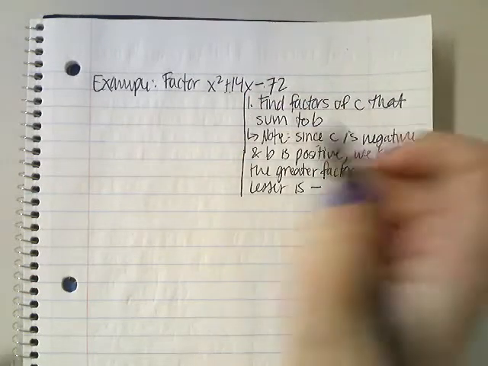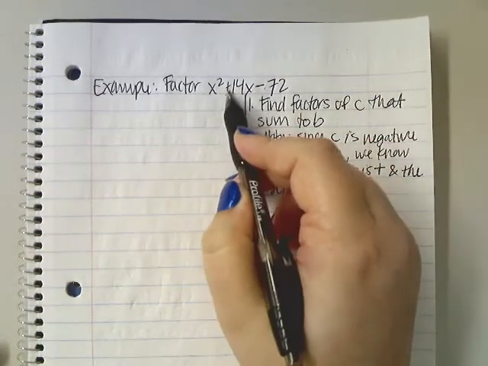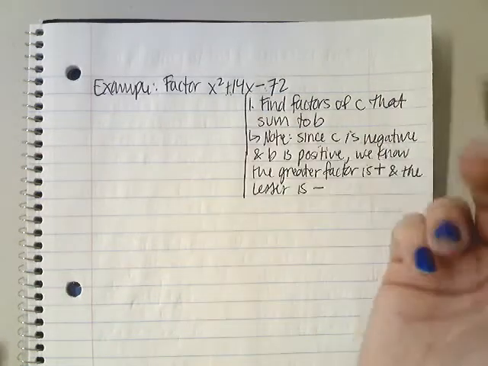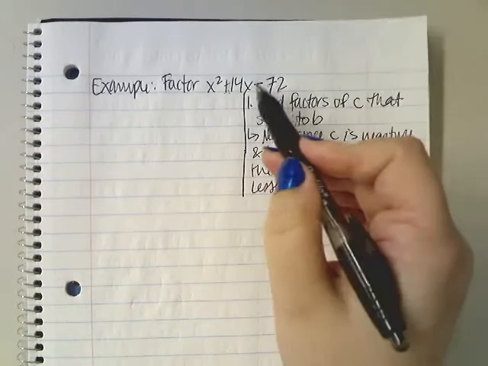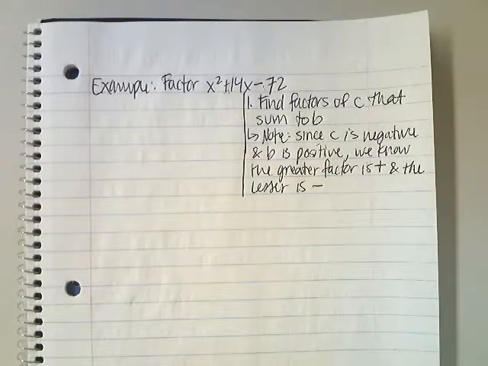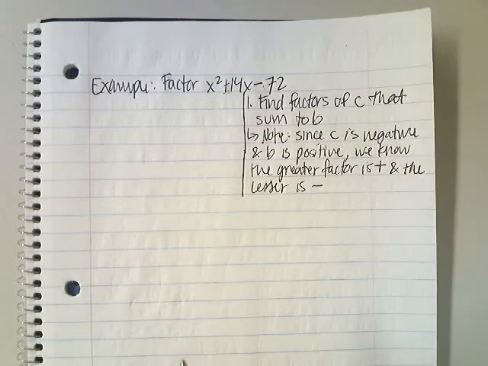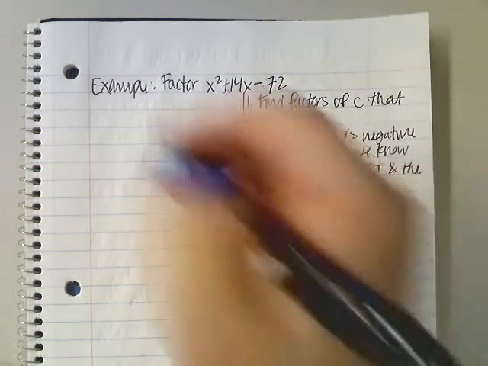So also things you can reason through, if you have a positive c but they add to a negative, that must mean that they're both negative terms, because a negative times a negative gives you a positive, but would add to a negative. So when you see these negative and positive signs, make sure you do some reasoning on that front.